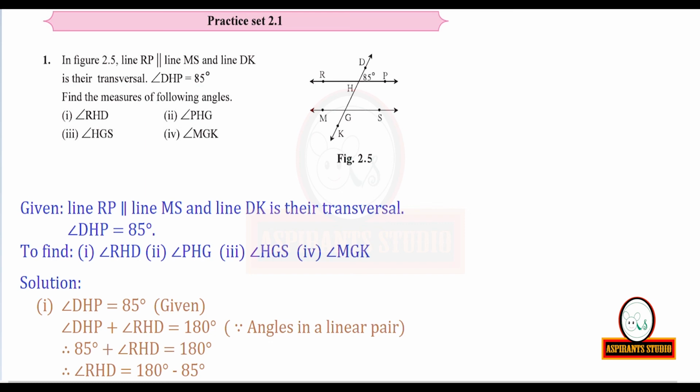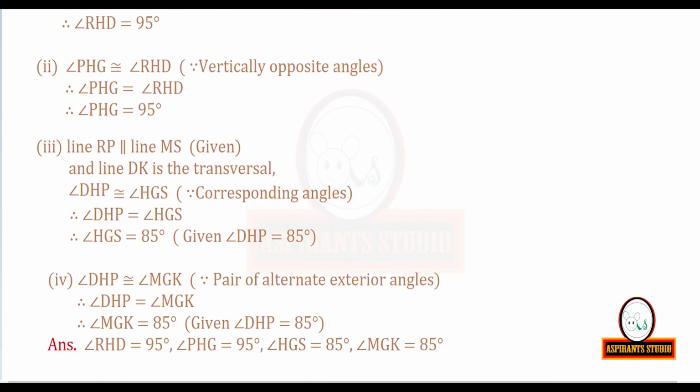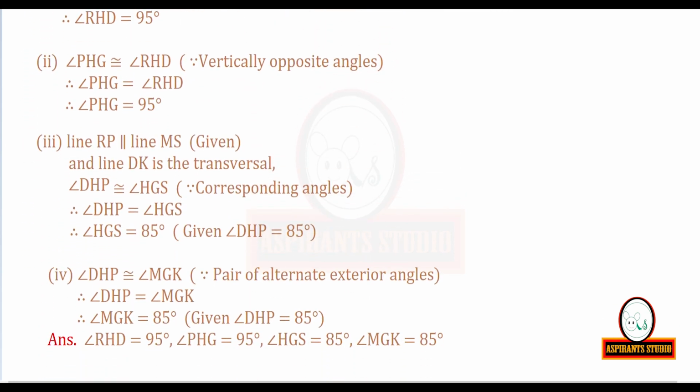Line RP is parallel to line MS. So here angle DHP is congruent to angle MGK. When angles are congruent, their measures are equal. So measure of angle DHP is equal to measure of angle MGK.